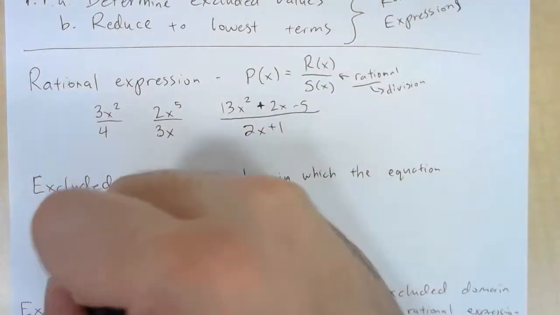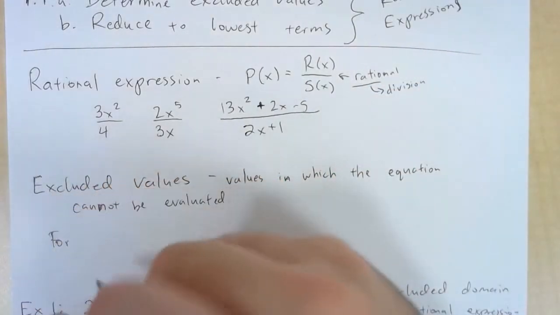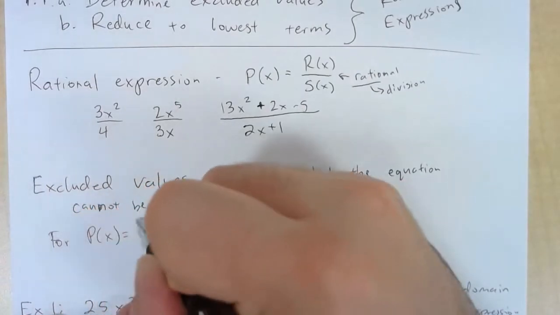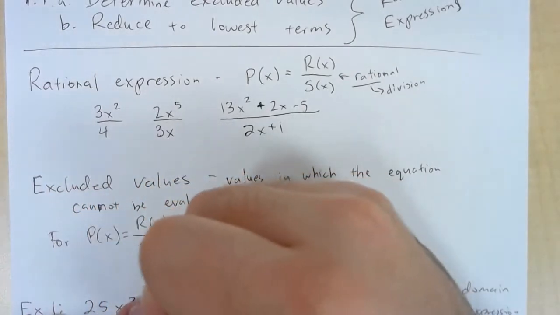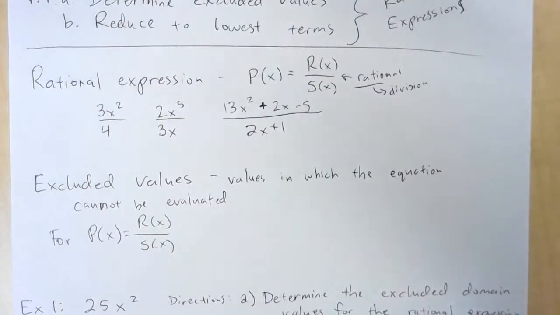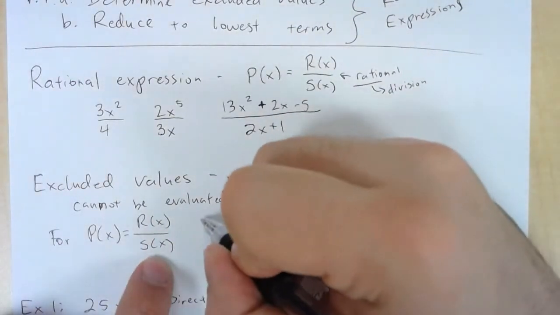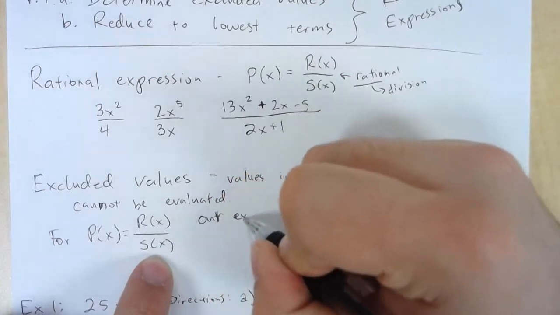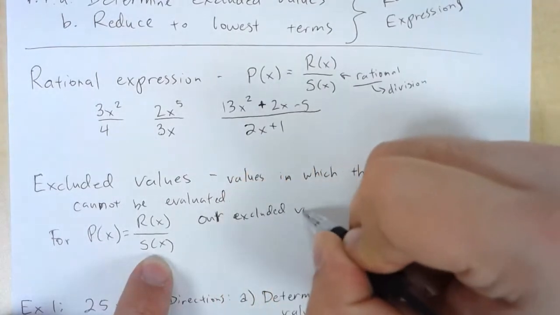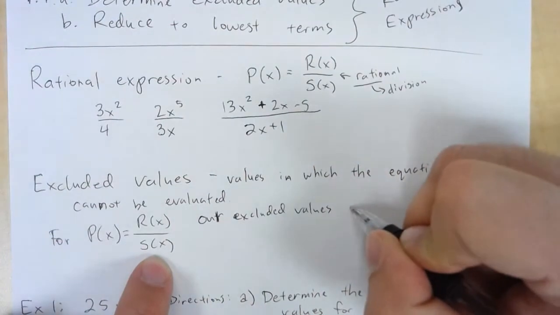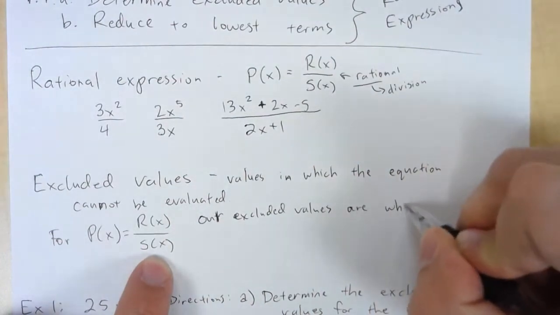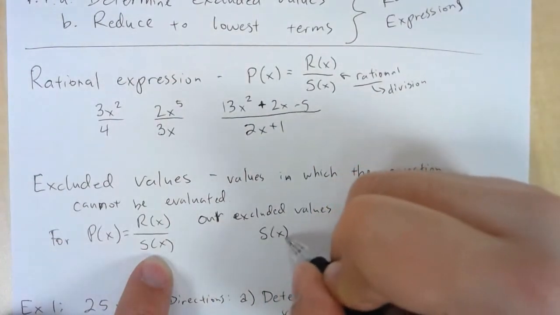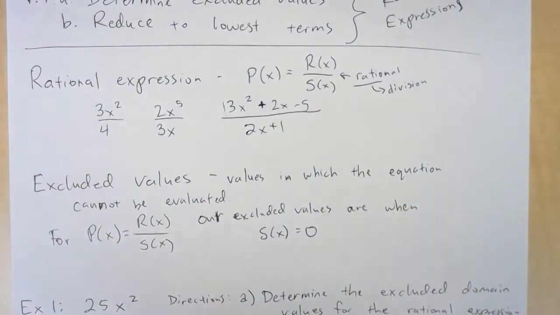So if we look up here, for p of x equals r of x over s of x, our excluded values are when s of x equals 0, which we can then solve as an equation.